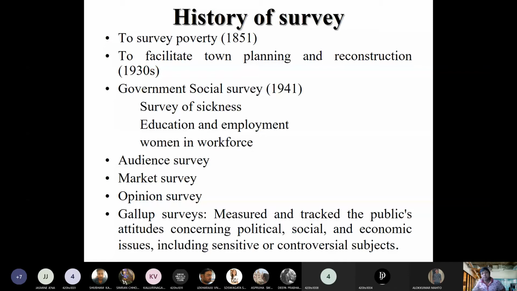But what exactly does the public feel about the economic issues in this contemporary period?